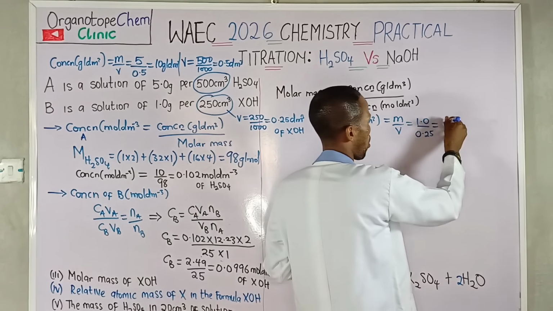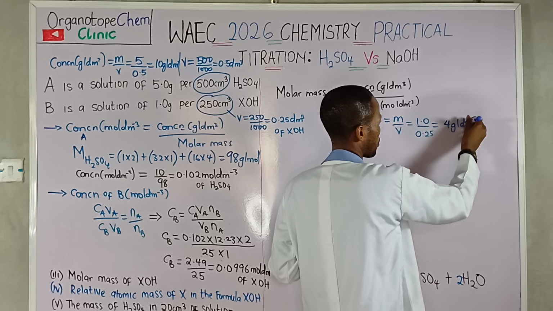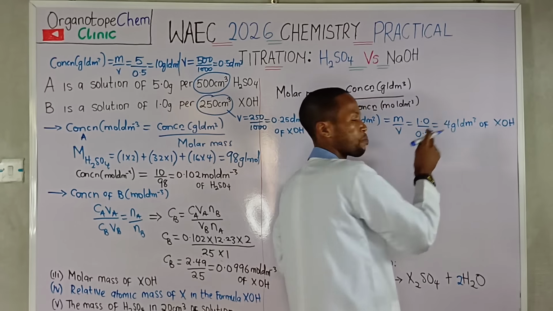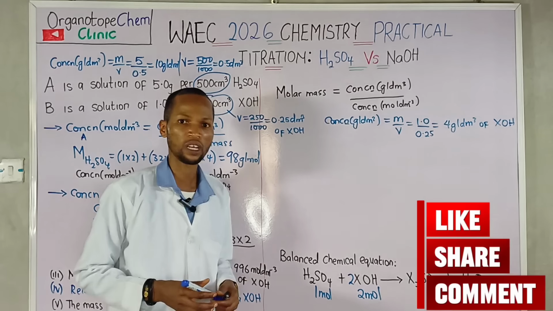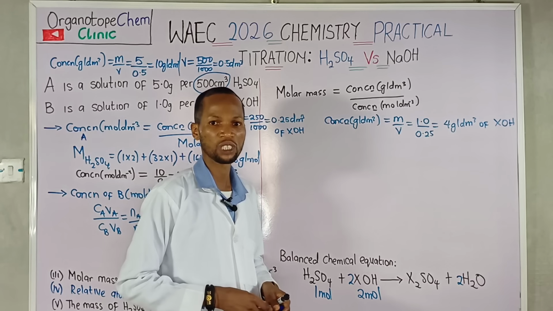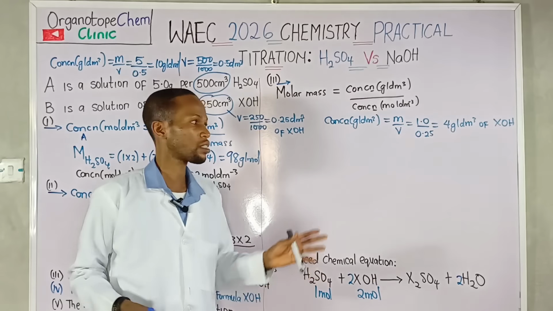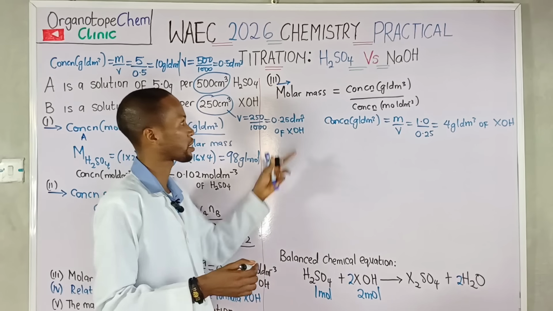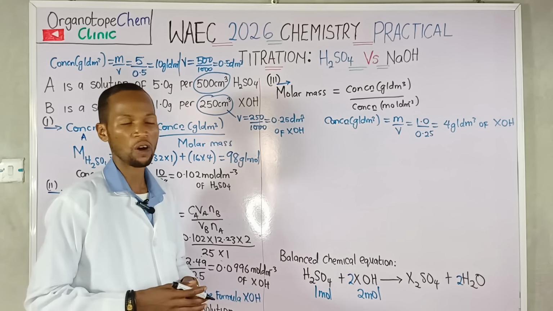That's right, we have 4 gram per dm cube of XOH. So this is the mass concentration of XOH. We have 4 grams in 1 dm cube of solution. Make sense?